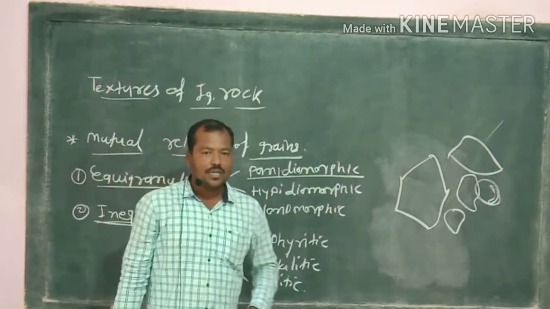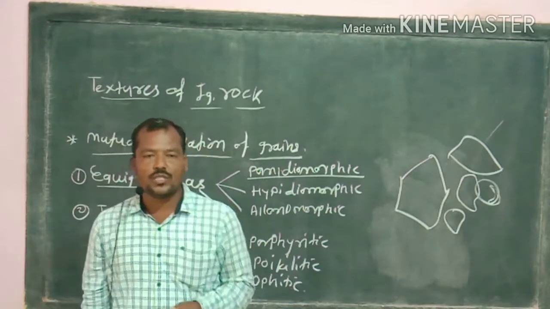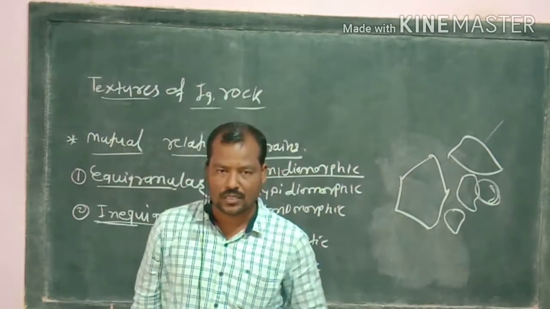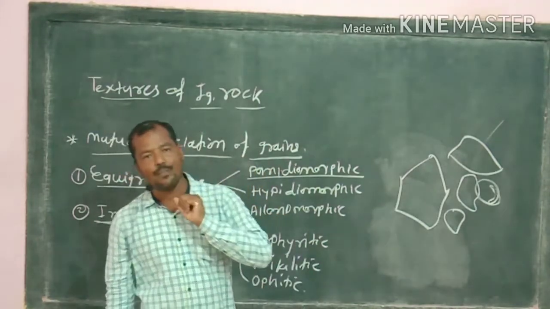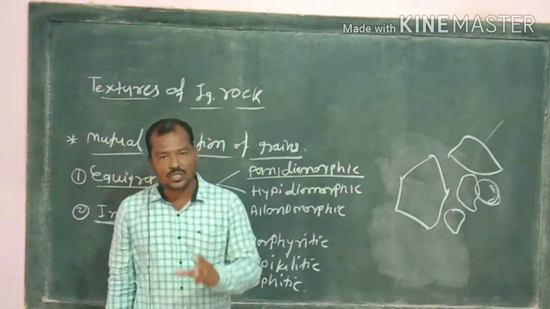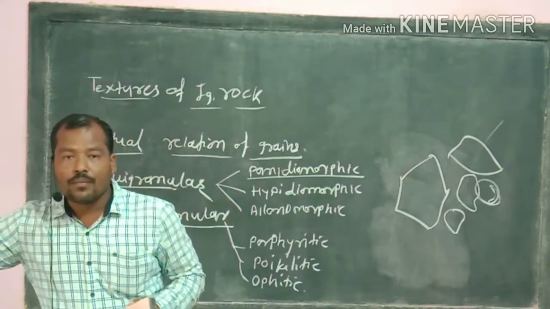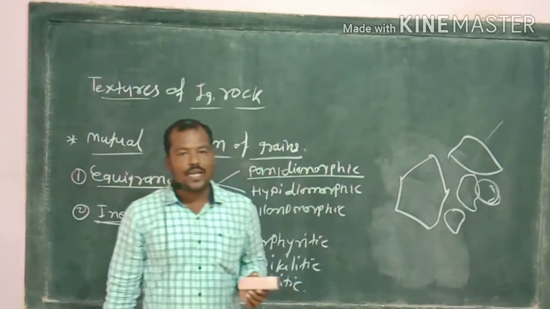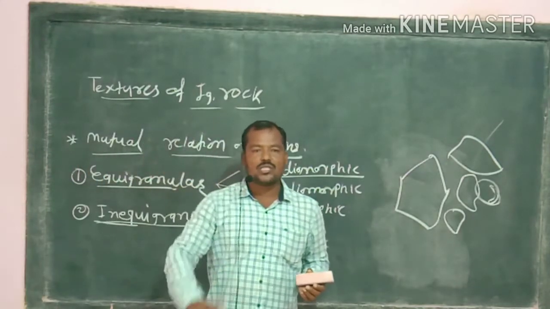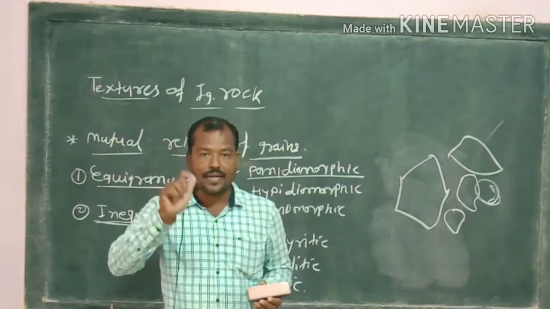Porphyritic texture is the texture which is formed in two stages at the time of crystallization of magma. In the first, early stage, at the time of cooling of magmatic material, large crystals are formed at great depth.